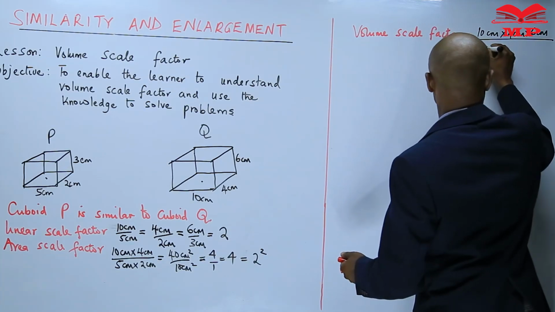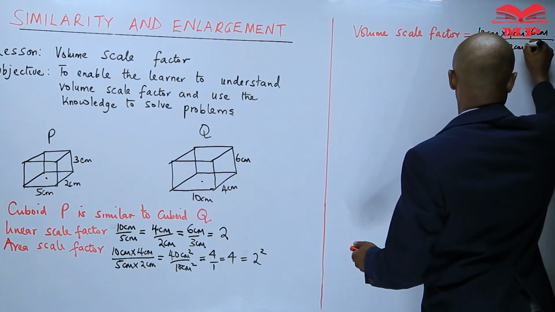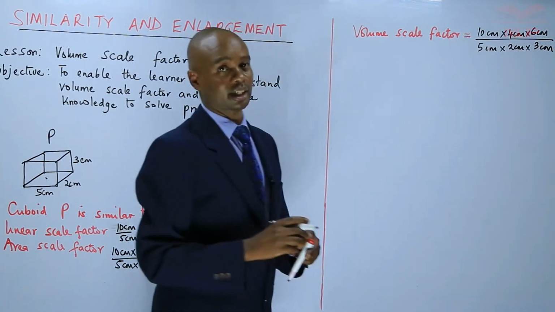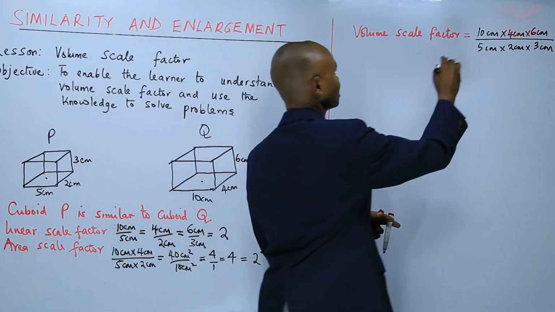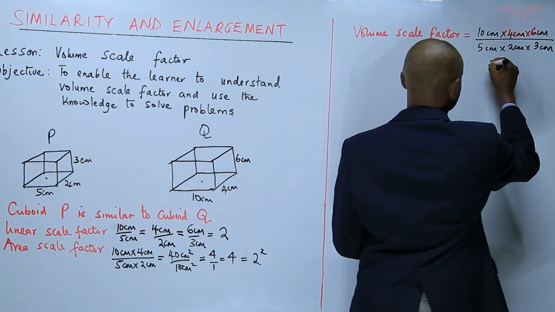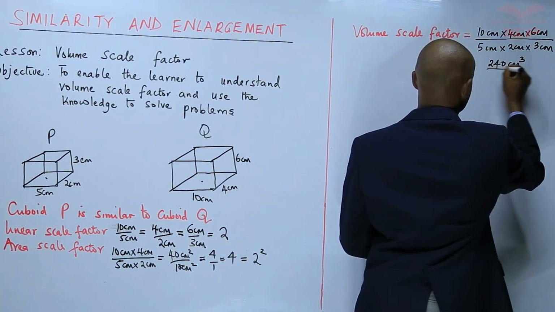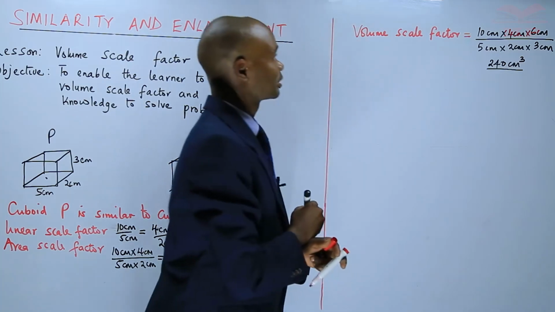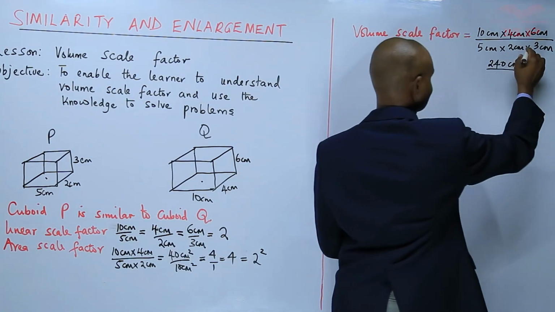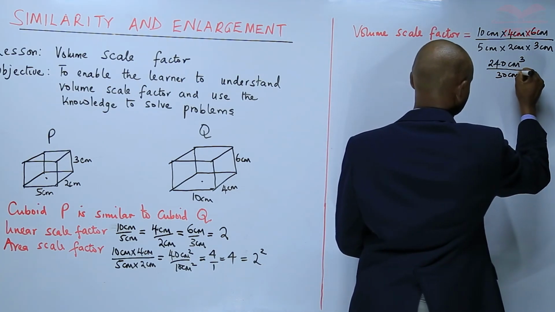Multiplying the numerator, 10 times 4 is 40, 40 times 6 is 240 cubic centimeters, divided by 5 times 2 is 10, times 3 is 30 cubic centimeters.